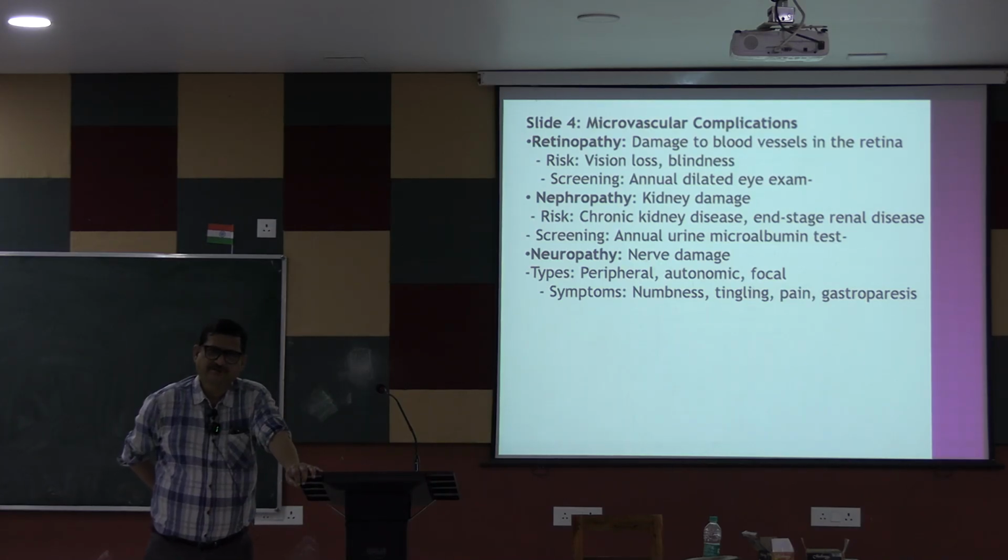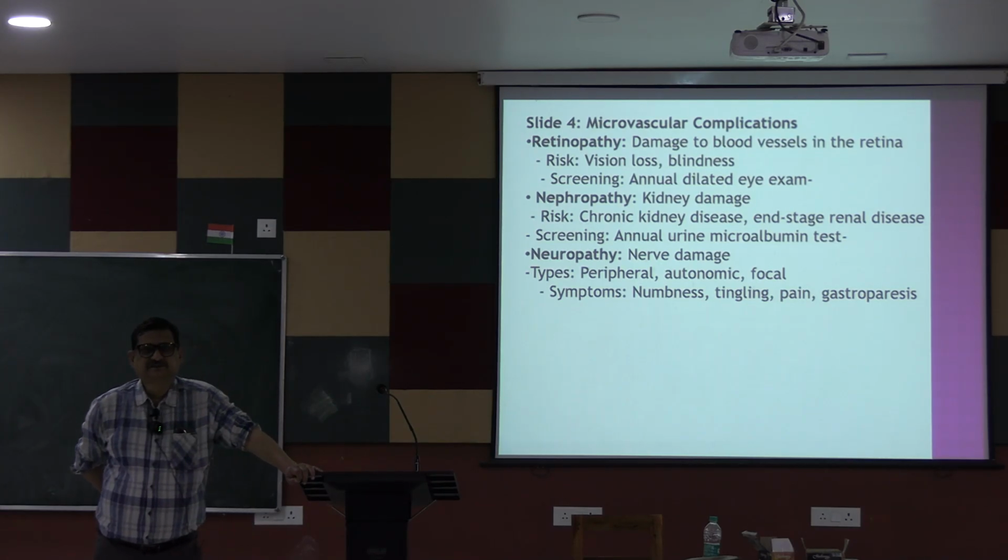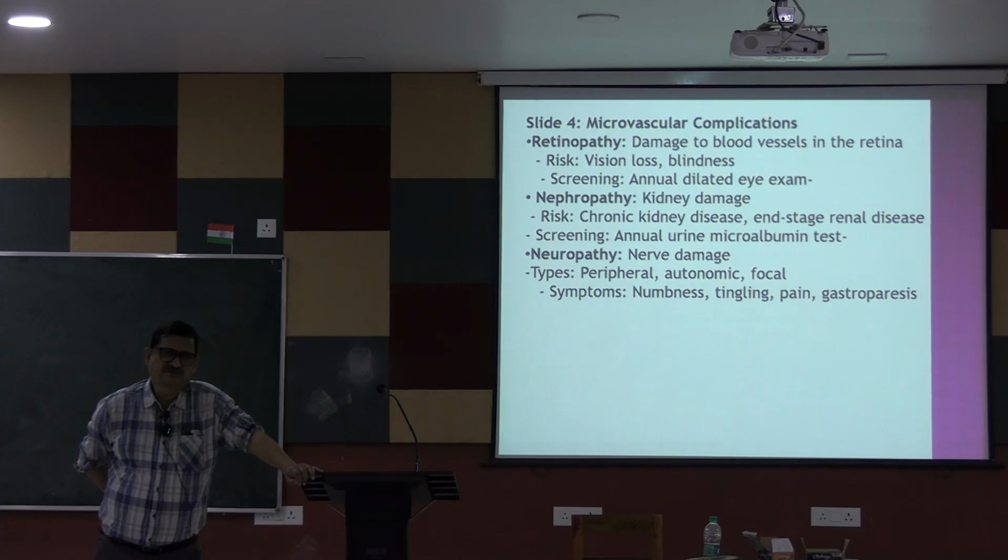By 45 years his heart will be affected, and by 50 years his nerve and eye will be affected. So, if we maintain the blood glucose level and other metabolic parameters in a proper way, we can defer the complications by 10 to 15 years.